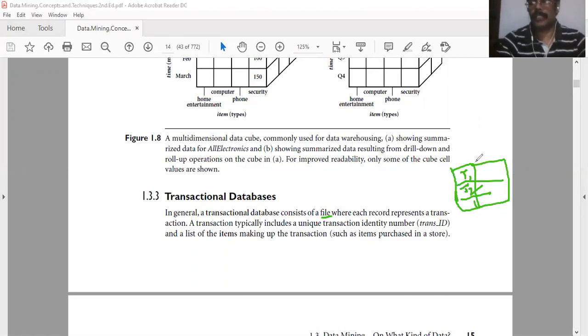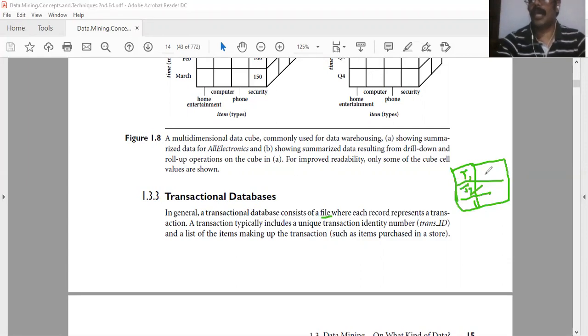A transaction means a record, which includes a unique transaction identifier, TID, trans ID, etc., and a list of items making up that transaction.